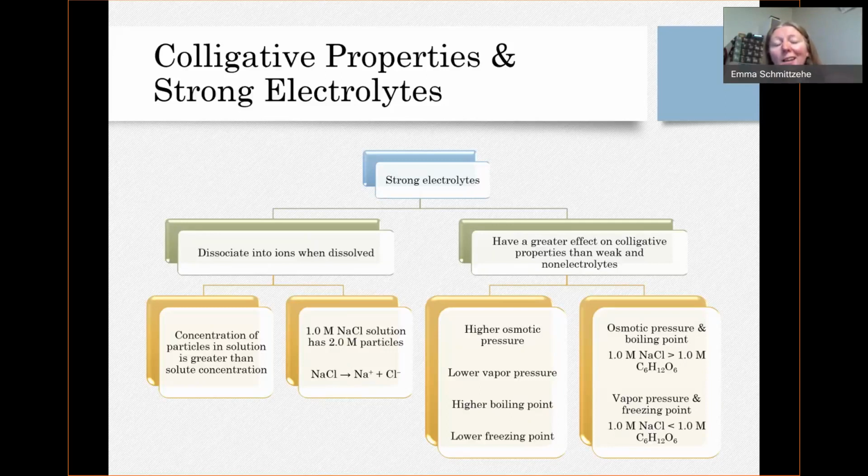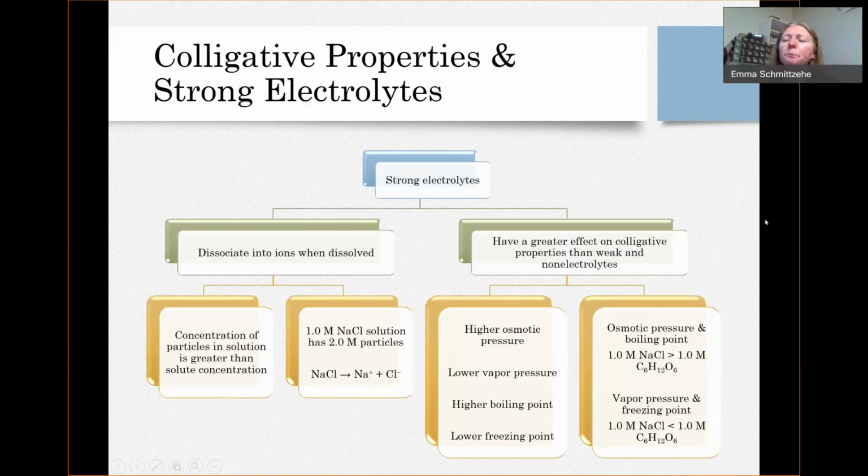That means the sodium chloride is going to have a higher osmotic pressure and a higher boiling point than an equal concentration of glucose, because the sodium chloride splits into more particles. Whereas the vapor pressure and freezing point of this equal concentration of sodium chloride and glucose will be lower for the sodium chloride solution, because it actually has more particles since they split up. So that's really important to realize.